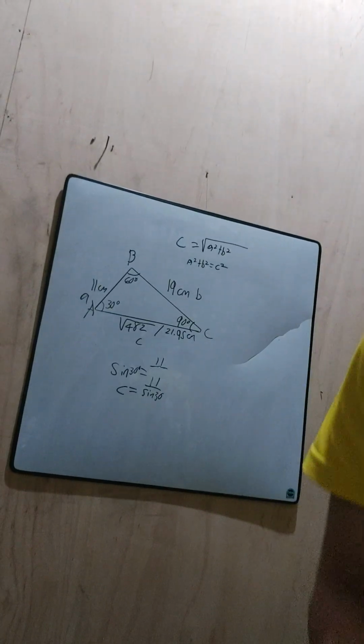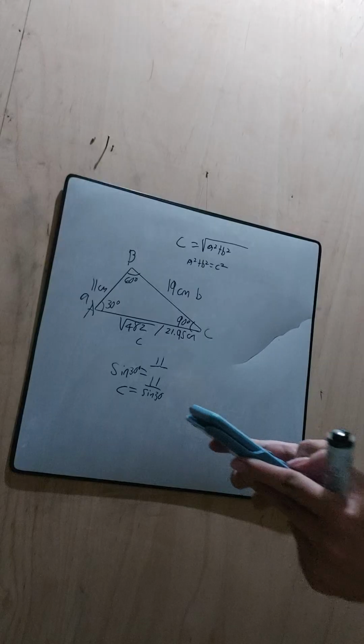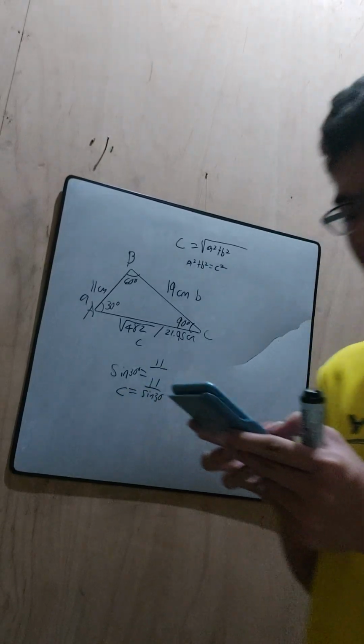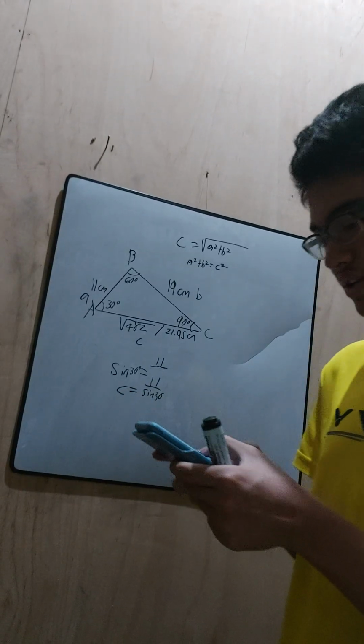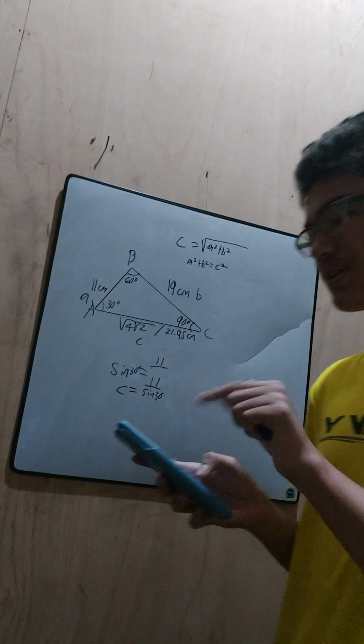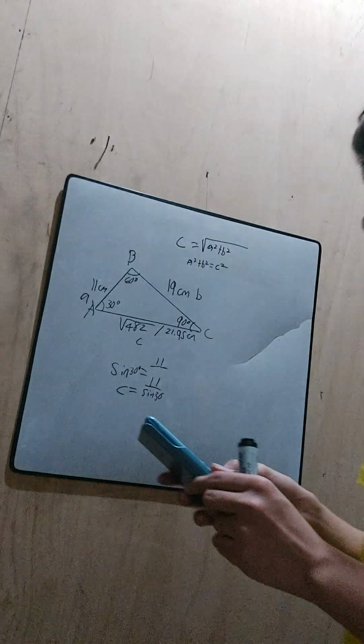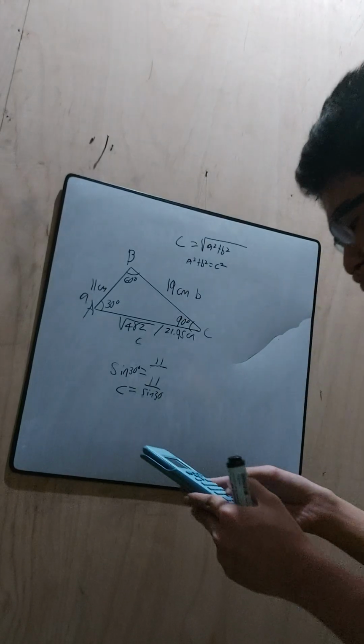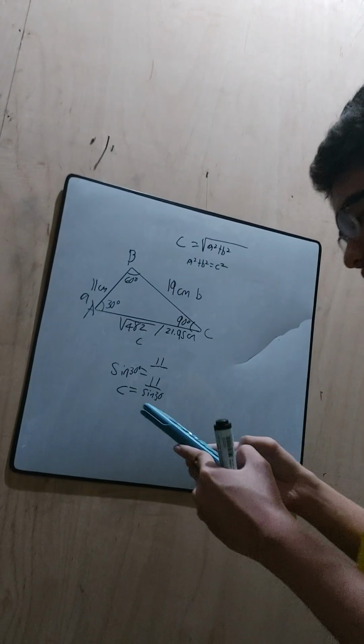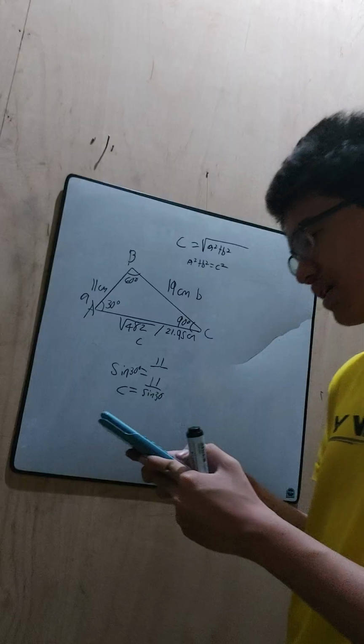Now let's check if it produces the same answer. Let me just quickly do this. Okay, there we go, got the angle. Now 11 over sine, the sine answer.